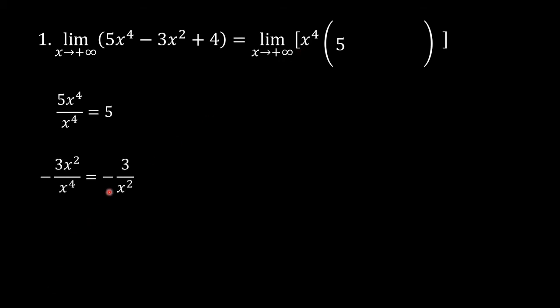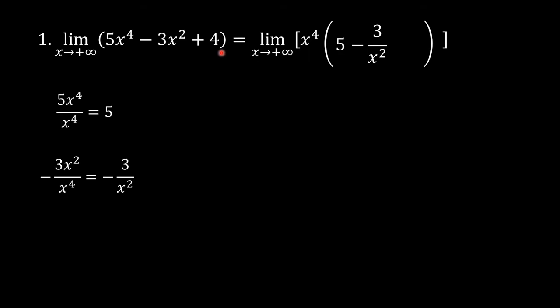This is equal to negative 3 over x squared. We subtract the exponents in division. So 4 minus 2 is 2. So we have minus 3 over x squared.